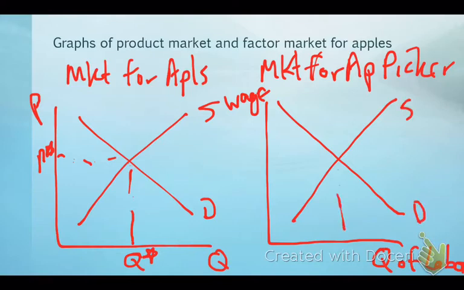And this would be QL star, and this would be wage star. So, no different. It's a supply-demand graph, just different on how you label your axes. Any questions on those two graphs? Does everybody have them? All right.